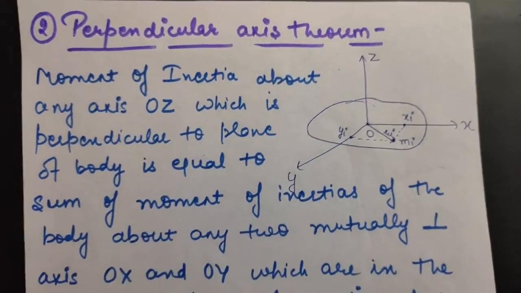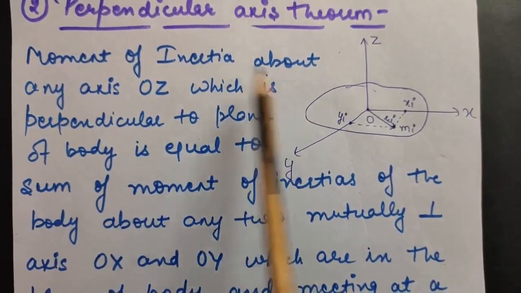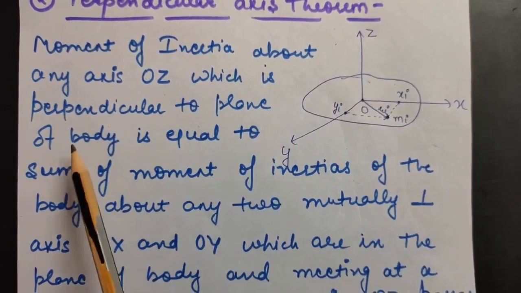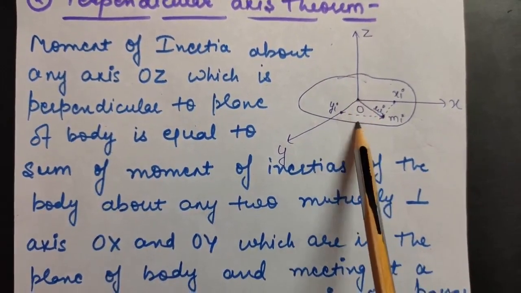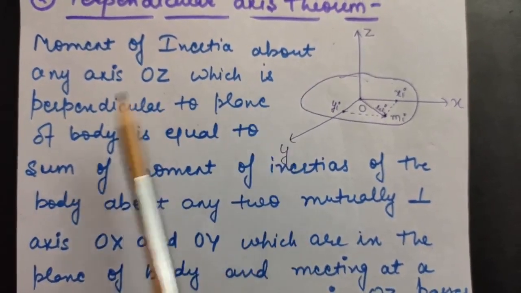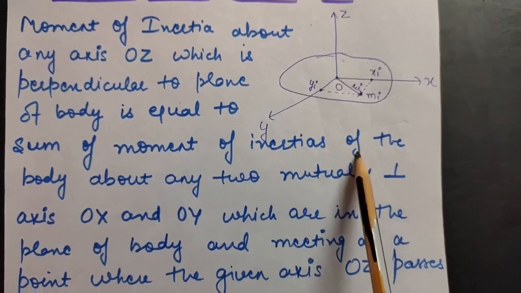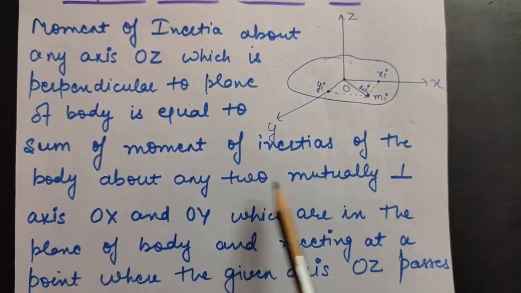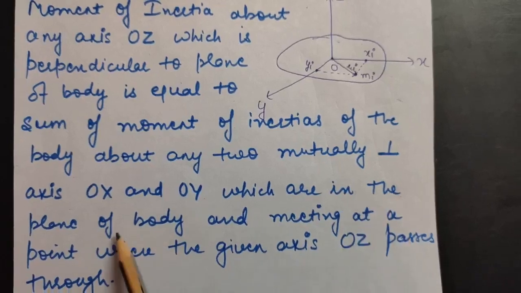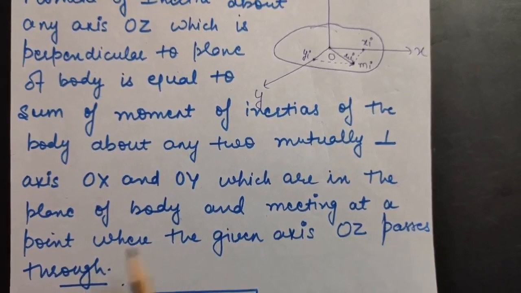Now what the perpendicular axis theorem says is that the moment of inertia about any axis OZ, which is perpendicular to the plane of the body, is equal to the sum of the moments of inertia of the body about any two mutually perpendicular axes OX and OY, which are in the plane of the body and meeting at the point where the given axis OZ passes through.